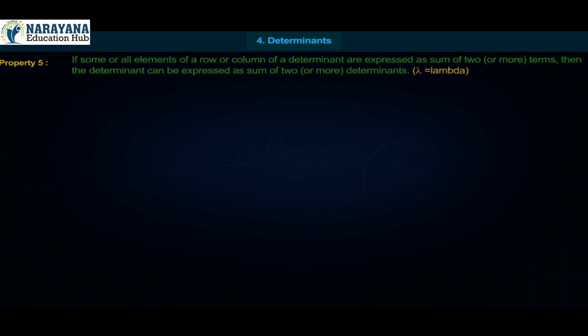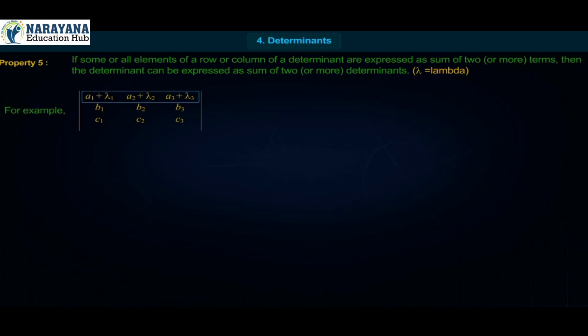Property 5. If some or all elements of a row or column of a determinant are expressed as sum of two or more terms, then the determinant can be expressed as sum of two or more determinants.